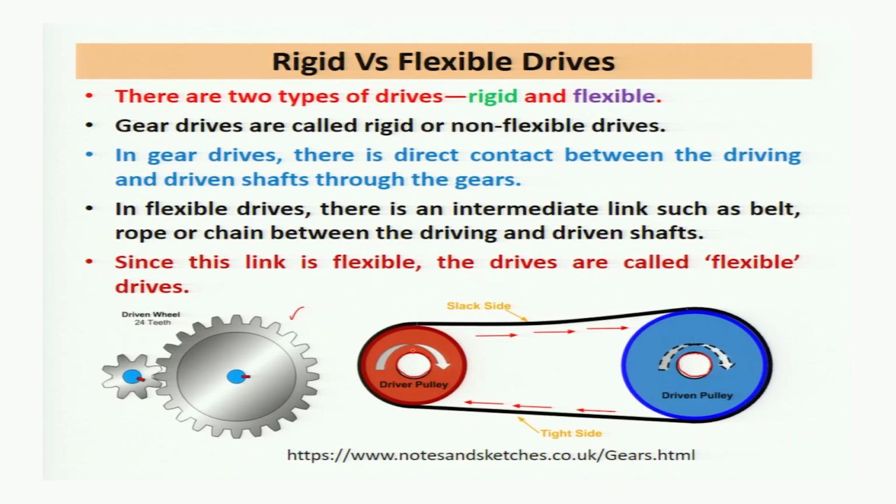Then on this pulley, a flexible element is mounted. That flexible element here is the belt. Since this link which is connecting the driving and driven pulleys is flexible, this drive is called the flexible drive.